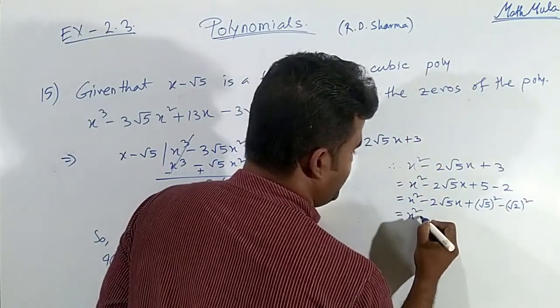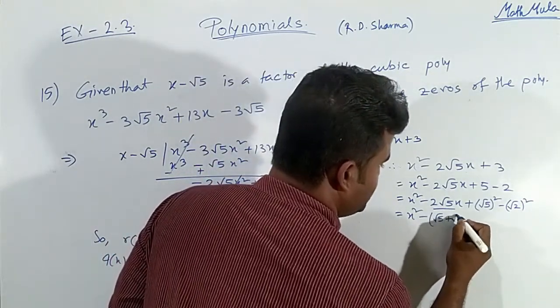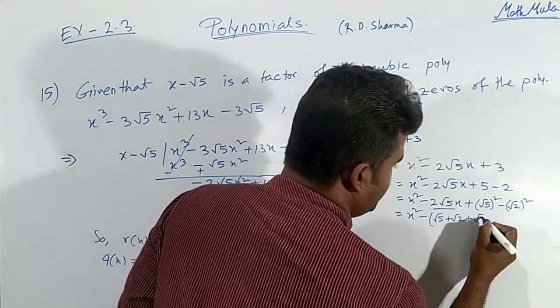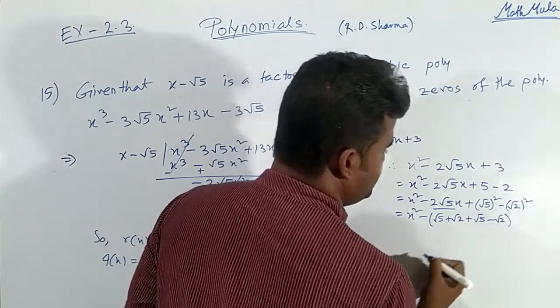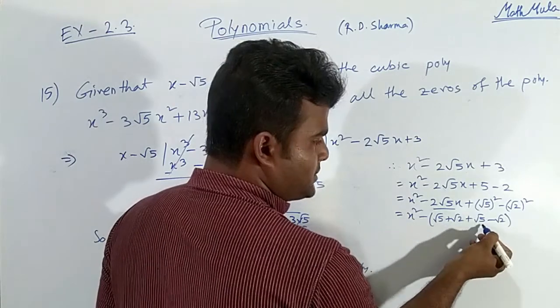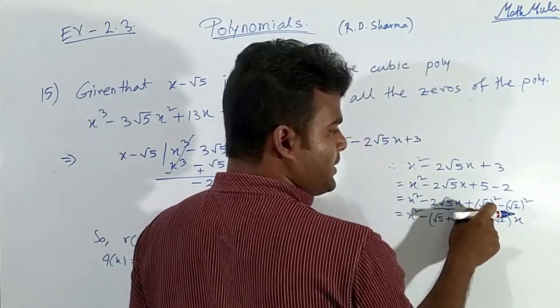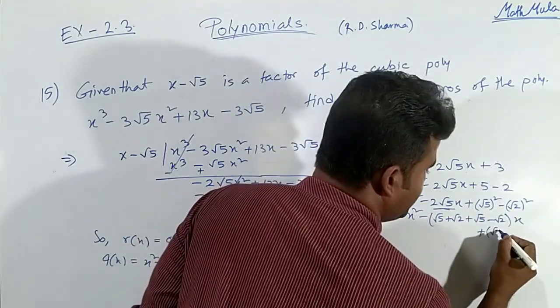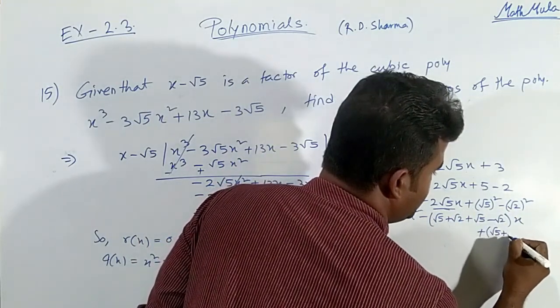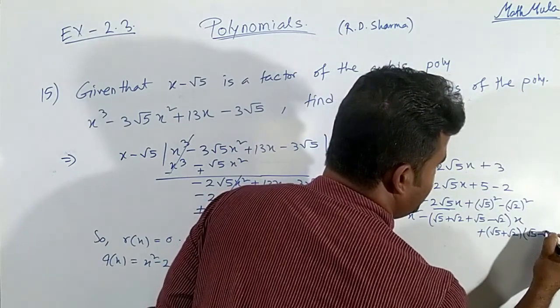Now look, 2 root 5 can be written root 5 plus root 2 plus root 5 minus root 2, because minus root 2 plus root 2 will be cancelled and root 5 plus root 5 will be 2 root 5. Okay. Now a square minus b square can be written as a plus b into a minus b, so root 5 plus root 2 into root 5 minus root 2.